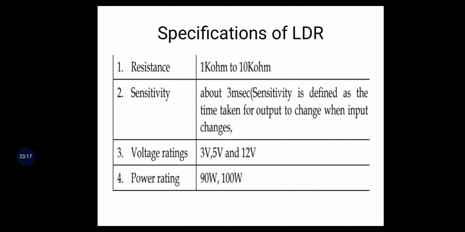Sensitivity is about 3 milliseconds. Sensitivity is defined as the time taken for the output to change when the input changes. If the output changes immediately, it is more accurate. If the output changes slowly, the sensitivity is very low.